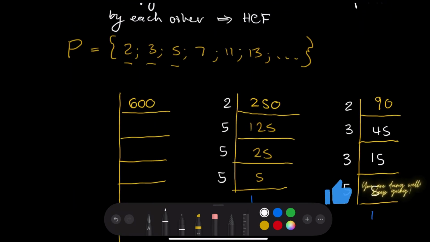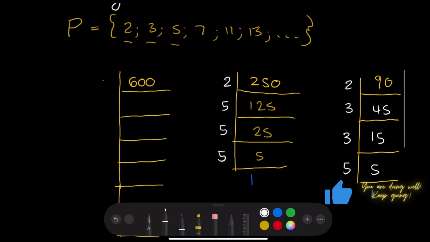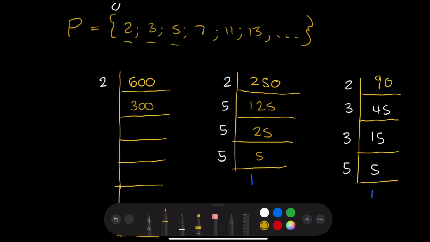Then I can go to my number 600. For my number 600, I follow the same process. 600 divided by 2 gives me 300. 300 divided by 2 gives me 150. 150 divided by 2 gives me 75.